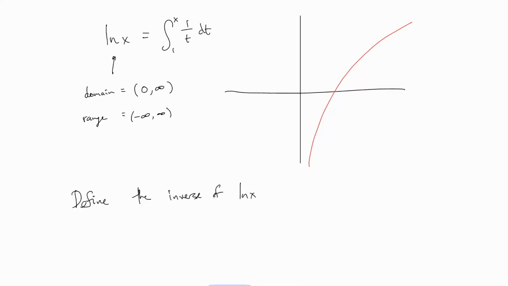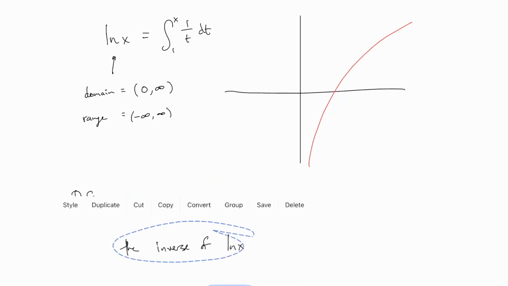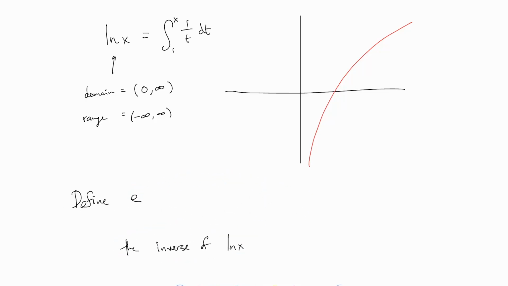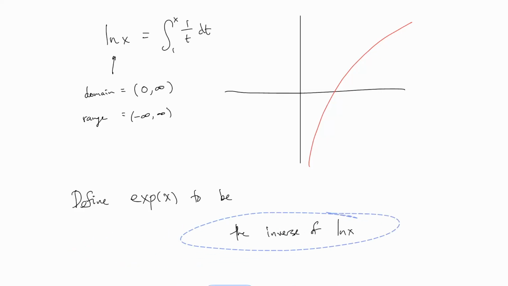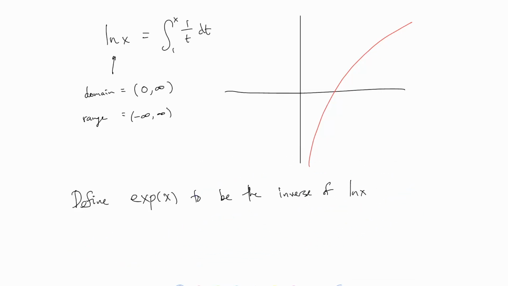I'm going to call it exp for now. This is the exponential function, exp of x, defined to be the inverse of ln x. Sorry to rearrange on you.